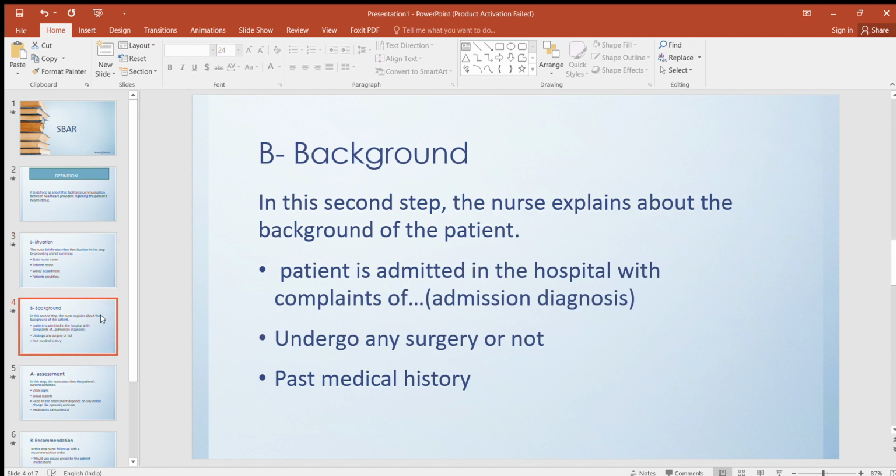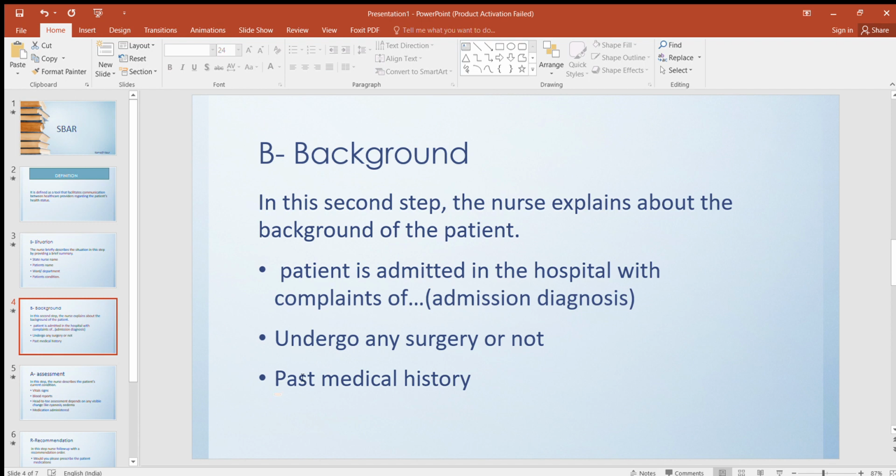And B stands for background. In this second step, the nurse explains the background of the patient. The patient is admitted to the hospital with complaints of fever, headache, nausea, any chief complaint, or specifically the admission diagnosis with which the patient is admitted.